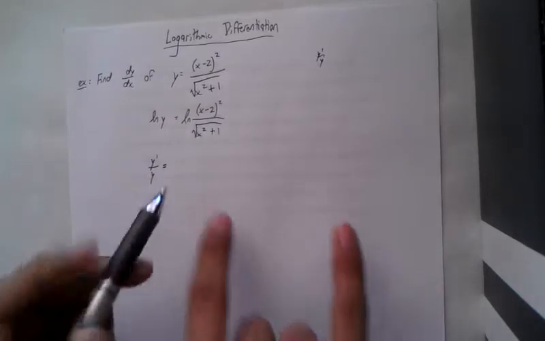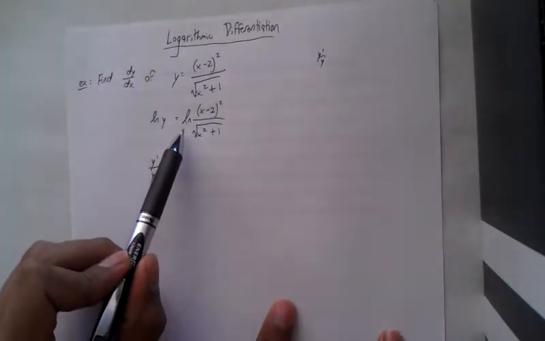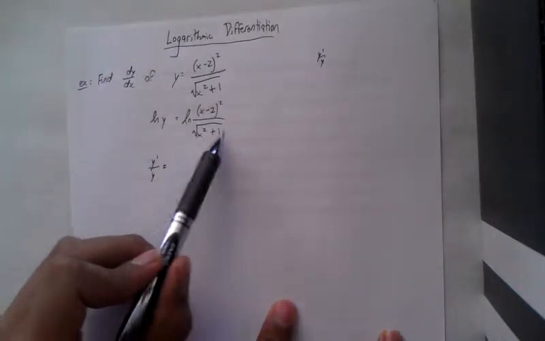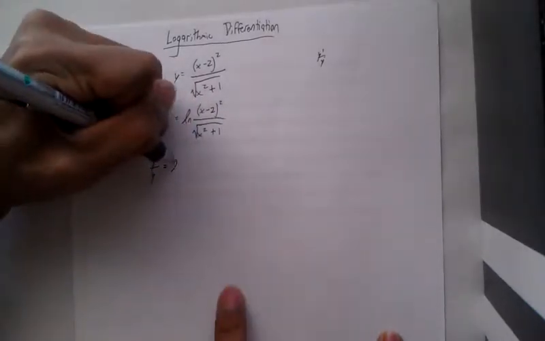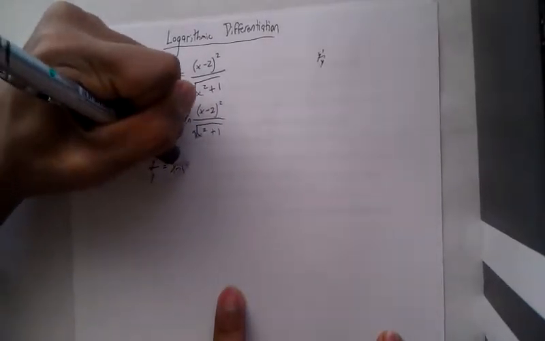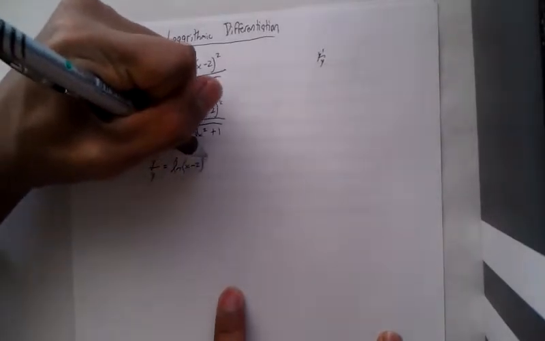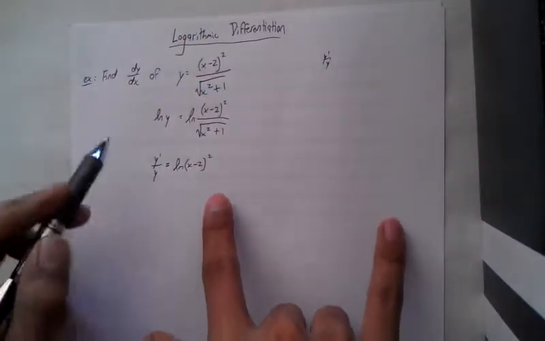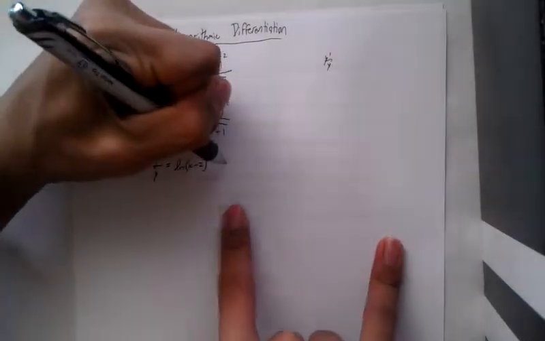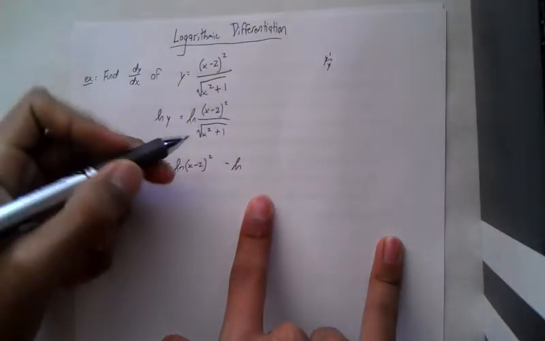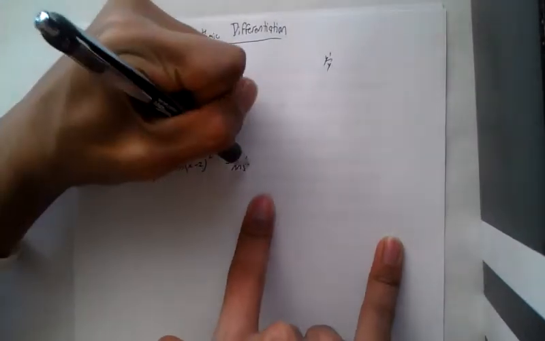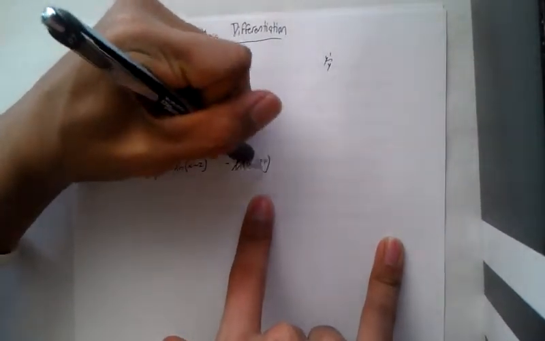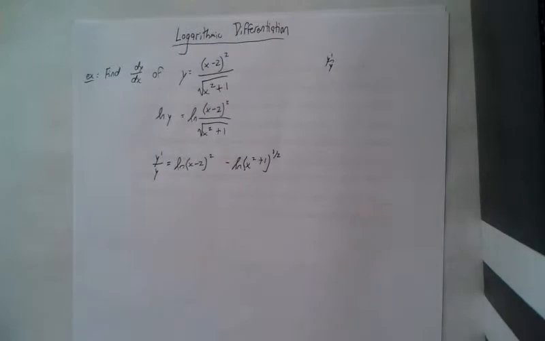equals, and now if you apply your properties of logs to this side of the equation, since it's division, you can split it up into subtraction. So the natural log of (x minus 2) squared, that's the top, minus the natural log of the bottom, and I'm just going to rewrite it as (x squared plus 1) to the 1/2.